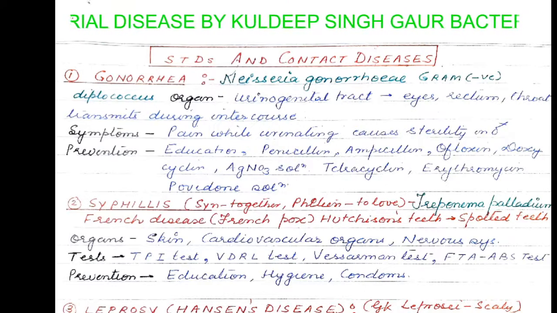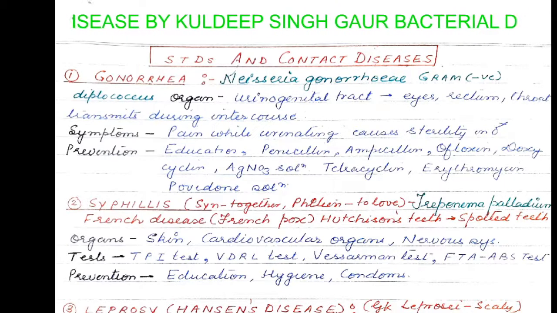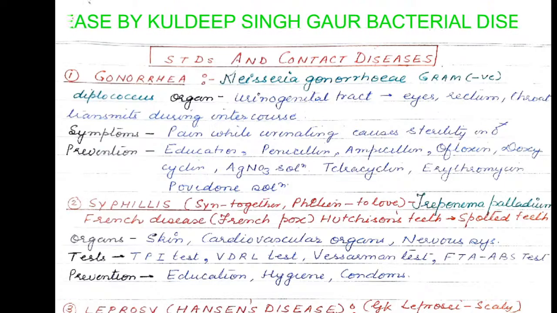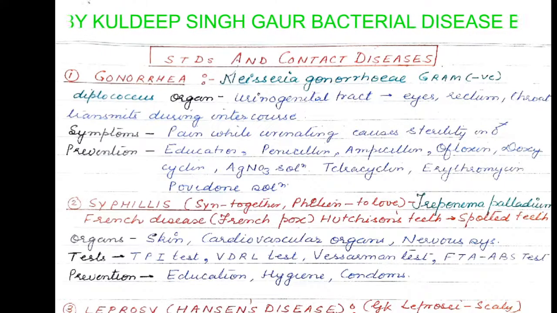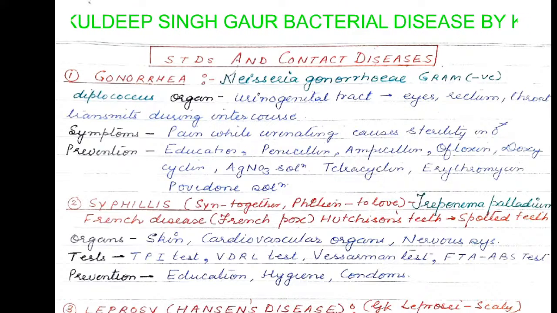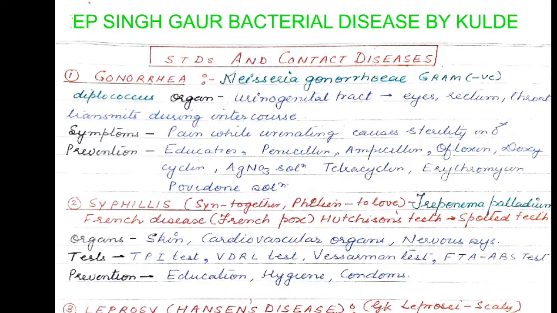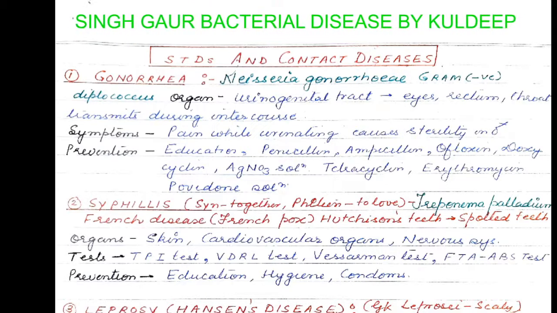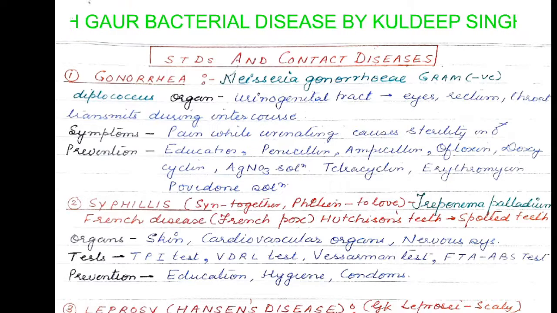Symptoms involve pain while urination and it causes sterility in females. It is prevented through education and administration of antibiotics like penicillin, ampicillin, ofloxacin, doxycycline, usage of AgNO3 solution, tetracyclines, erythromycin, and povidone solution.